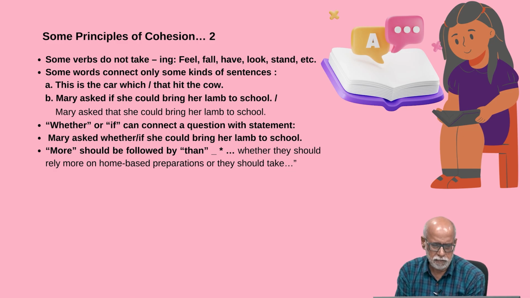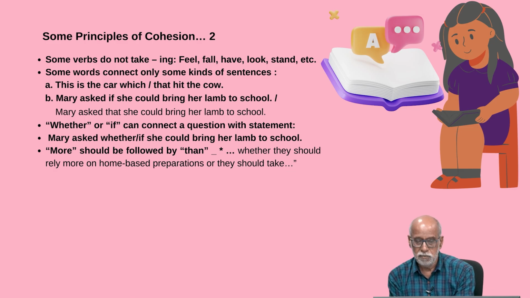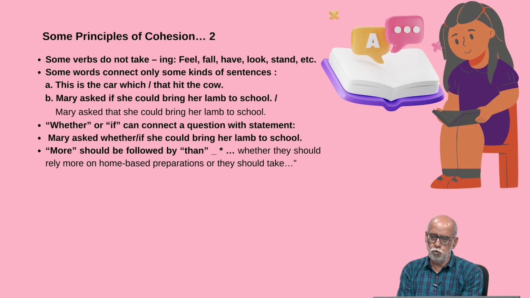So some verbs do not take ing, like feel, fall, have, look, stand, seem. Maybe there are one or two others. But some words do, like you can say running, playing, cooking, eating, singing, writing, talking, speaking, listening, hearing. But you do not say feeling, falling, having.